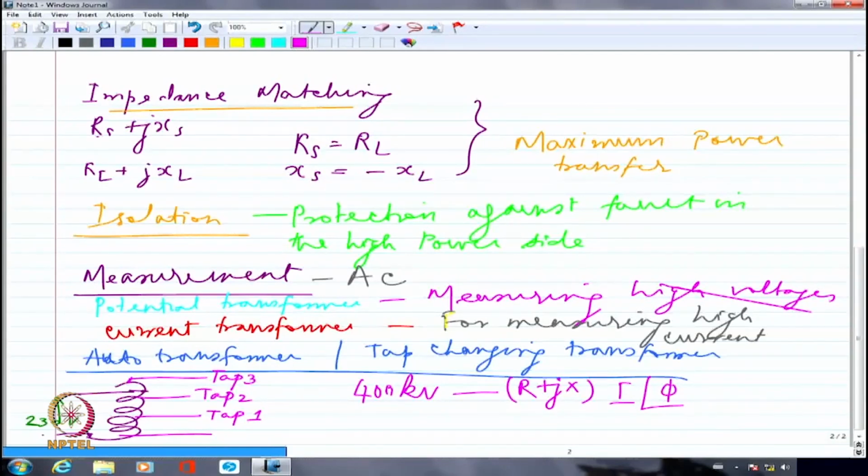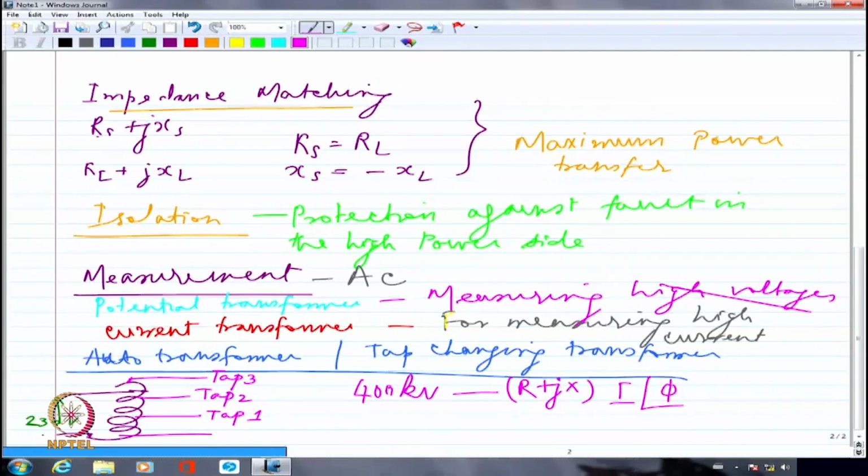So if the drop is lower, originally let us say I was getting 400 minus this drop, which was maybe 380 kV, and I was expecting 380 kV only at the end of the generator terminal or the final terminal of the transmission line. But now it might go as high as 390 or even 395 kV. My equipment may not be able to withstand the 395 kV.